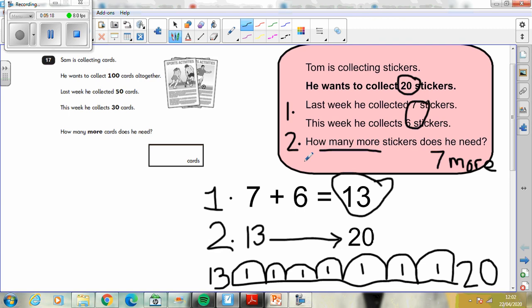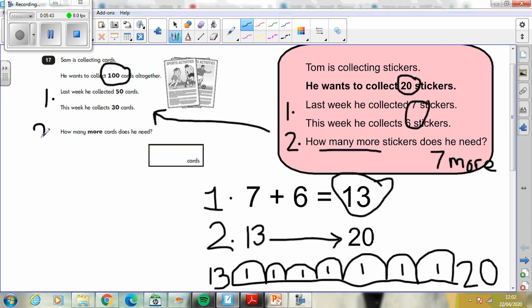So you can apply these principles across to question 17 on the SATs paper. So this time we've got Sam collecting cards, and we know he wants to collect 100. So he wants 100. Step 1 is to work out how many he has.